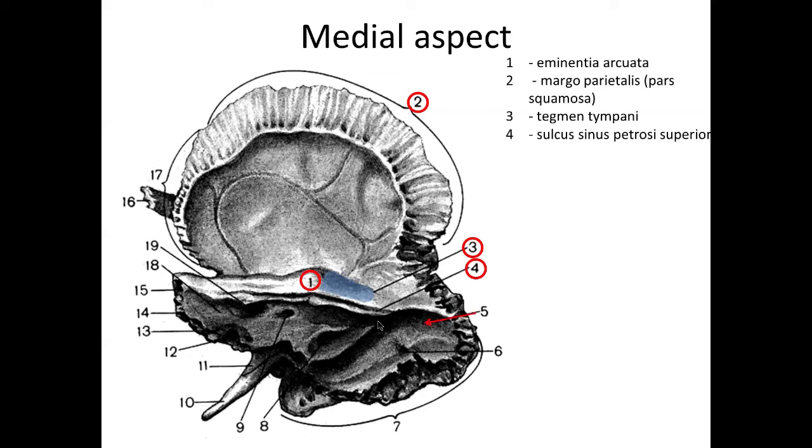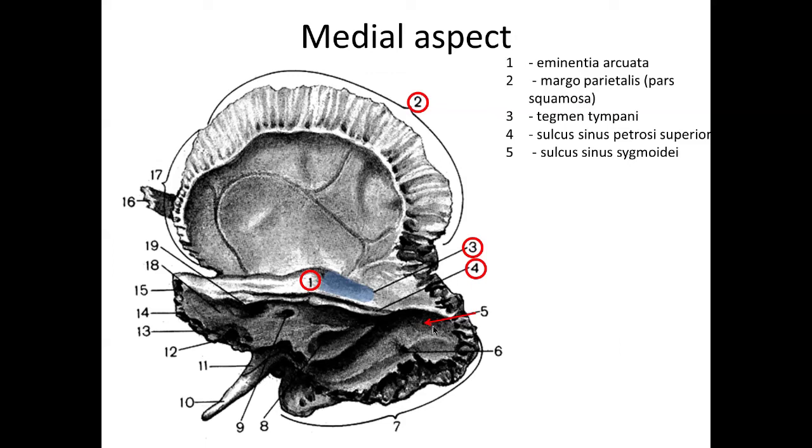Then I'd like to demonstrate number 5, a very large and very deep groove, which is called sulcus sinus sigmoidus. The term sinus means that inside of these grooves passes blood.